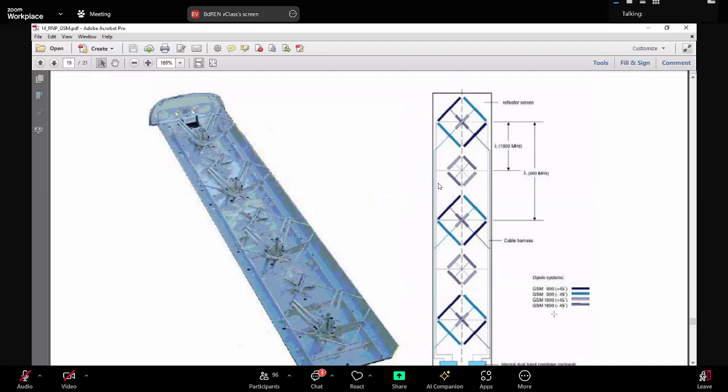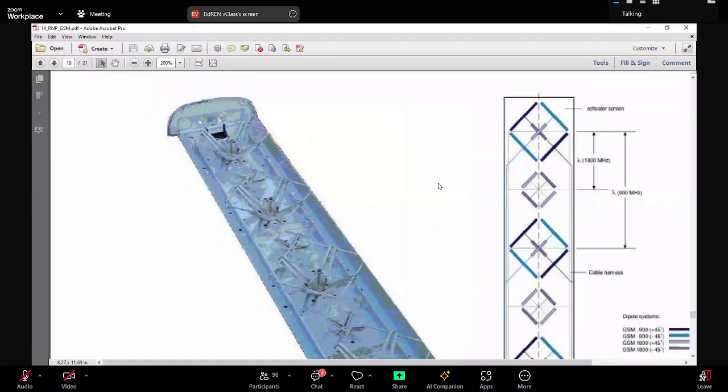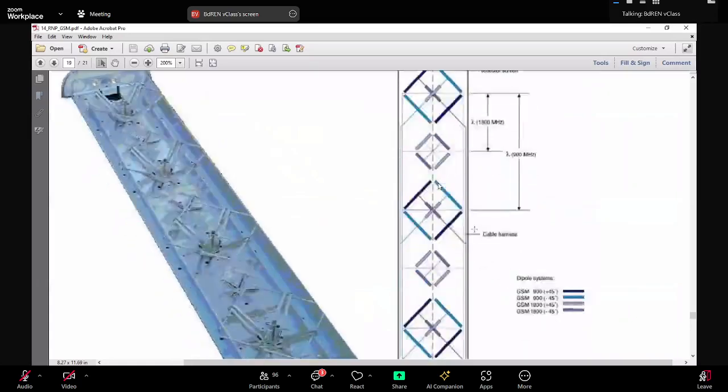So let's say you have 4 different colors here to indicate which element is a part of which antenna. Like all these blue ones are actually for 900 leftwards. Okay, all the light gray are for 1800 rightwards tilted.